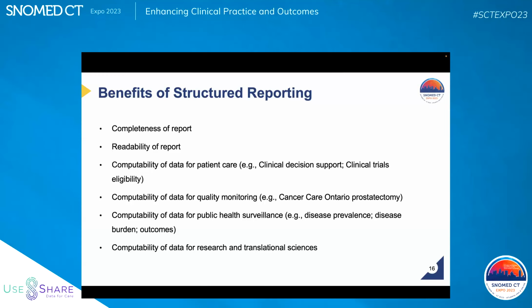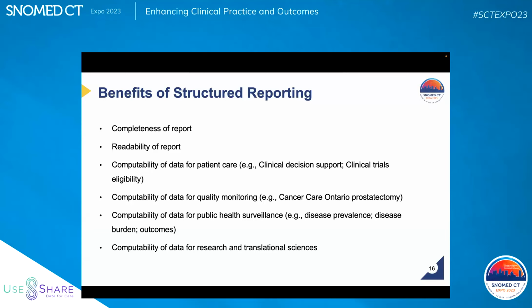This is the type of information Sandy and I talk about: once it's rendered, and if it's in a computable form, it should go directly to our registries. Paul Seegers from PALGA, it does go directly to the registry. There's no translation, no chart abstraction, no army of chart readers, and it's immediately available, and our public health authorities can work with it.